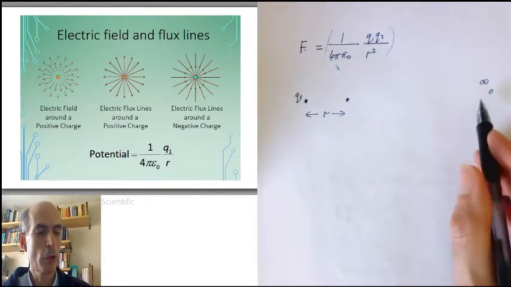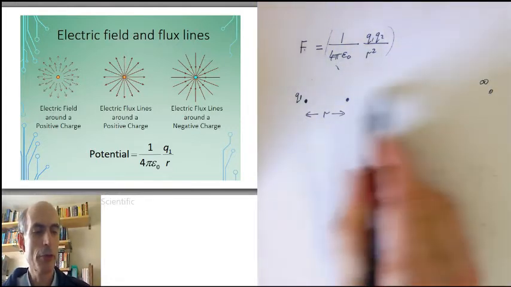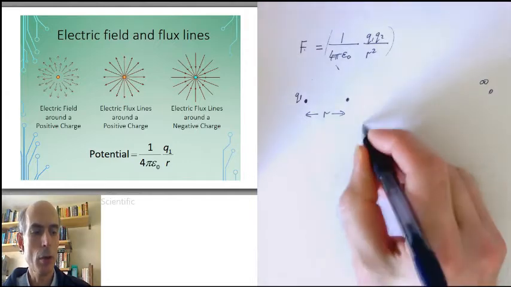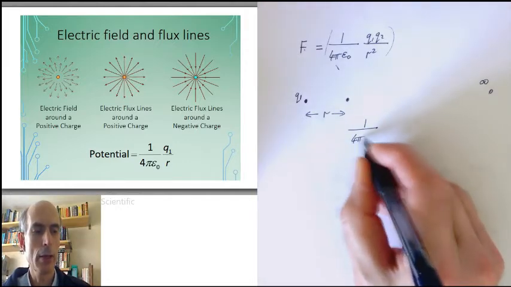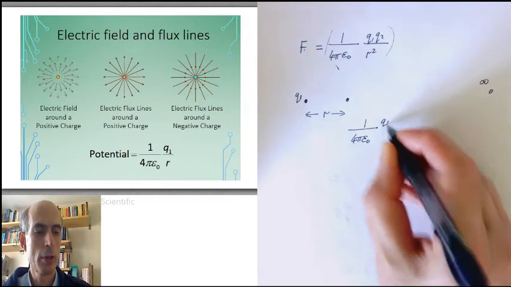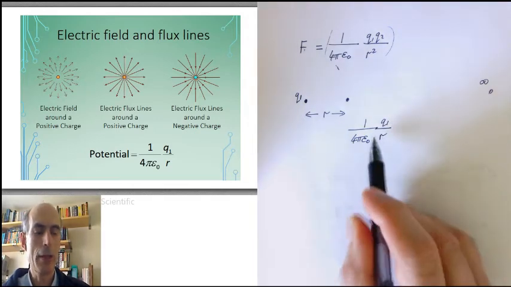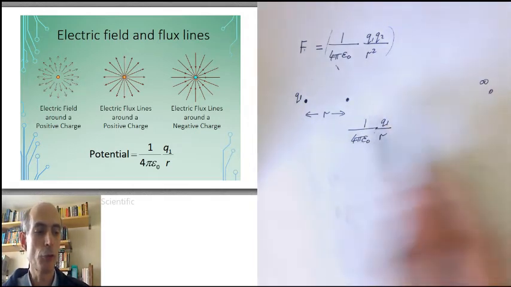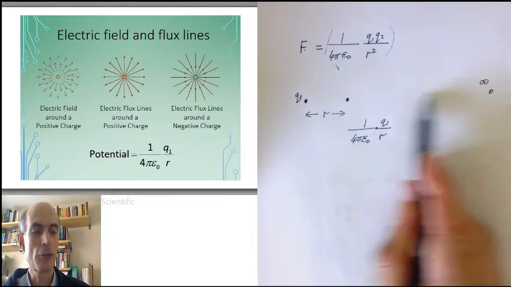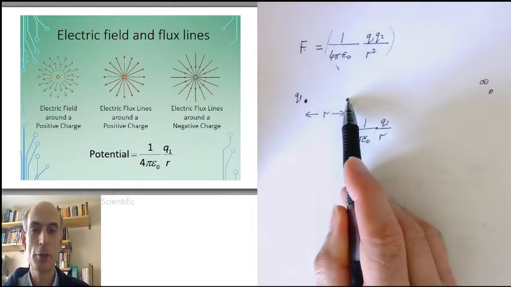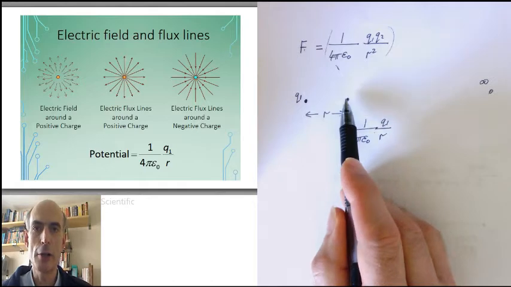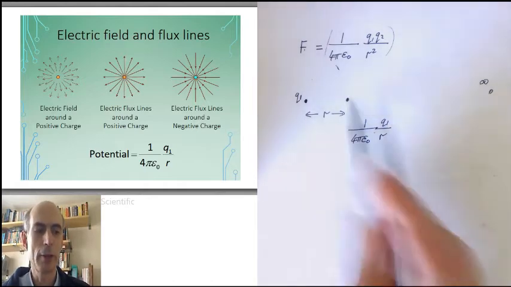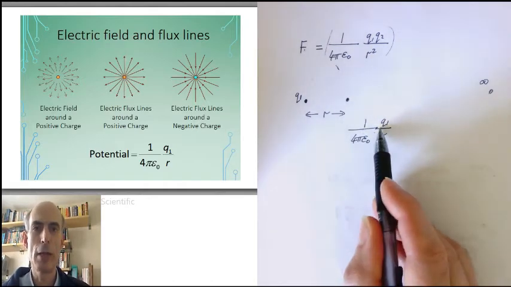The amount of work required to get a unit charge from there to there is 1 over 4 pi epsilon naught Q1 over r. You can get that from integrating the force over the distance that it's moved, in a similar way as we did for gravity earlier. I won't go through the calculation again. This is the answer you get this time.